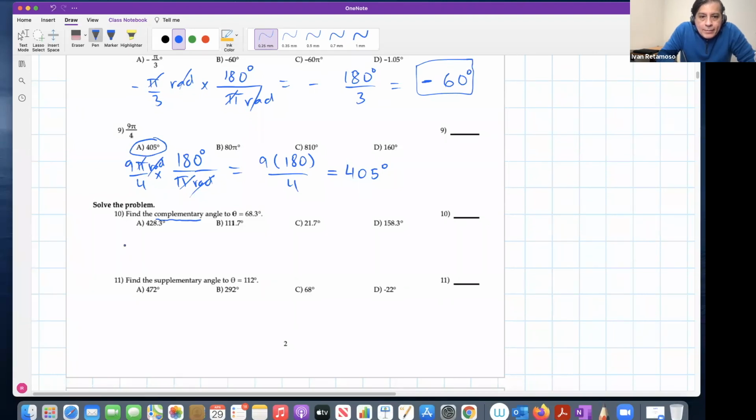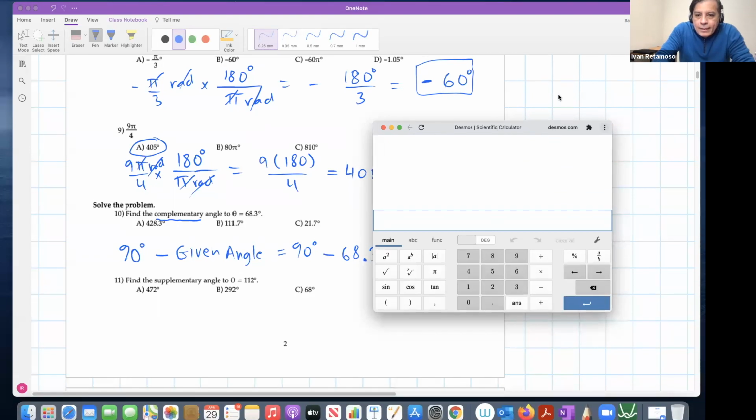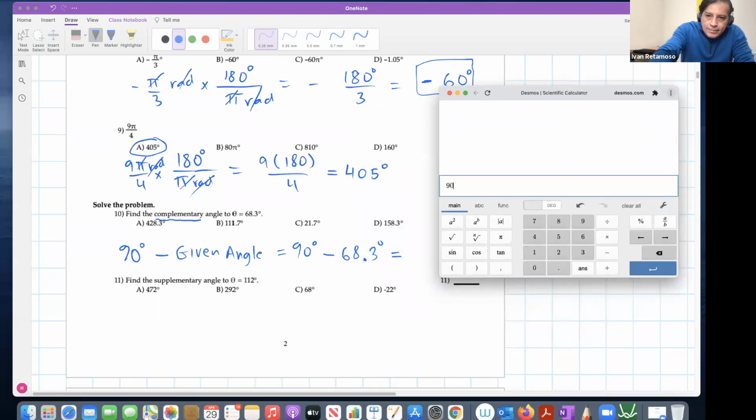It's just this: 90 degrees minus given angle. That gets you a complementary angle. So we have 90 degrees here minus this 68.3. You have to use the calculator here because we're dealing with decimal numbers. So use your calculator. 90.